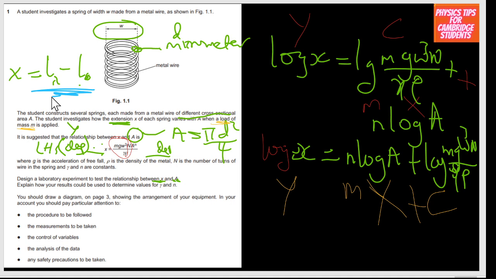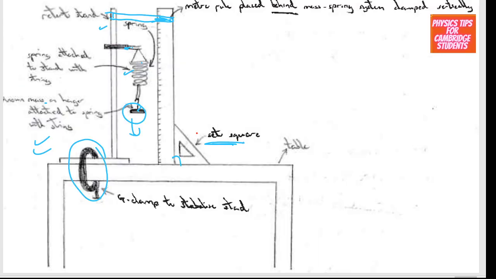So you record the initial position on the meter rule that you have clamped over there. Then when you have put the load on, you have your final position, and the difference between the two would be your extension.